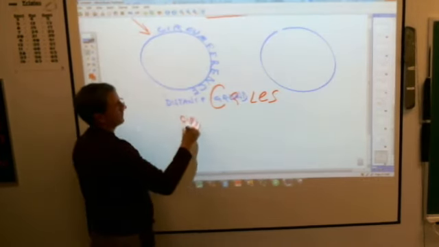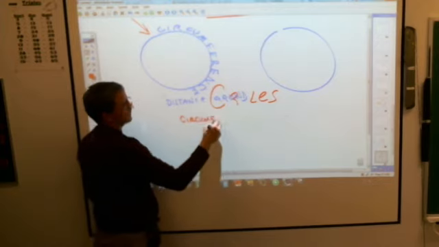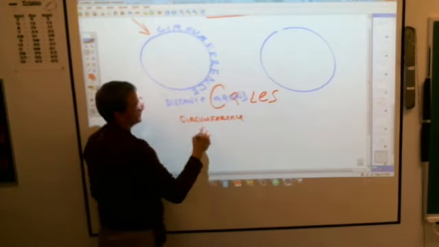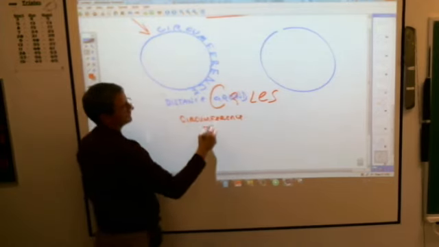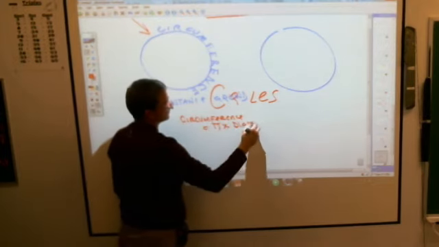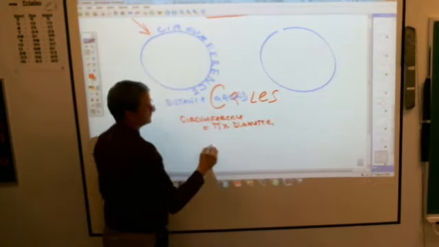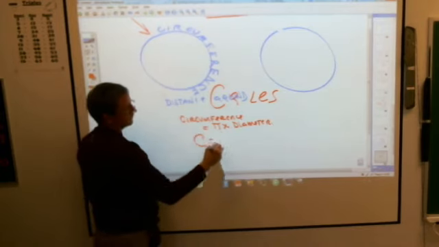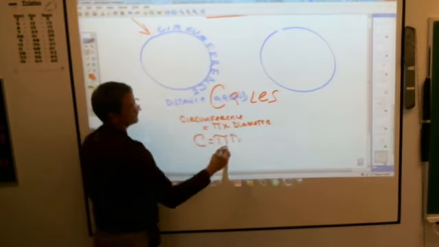Circumference equals pi times diameter, which we abbreviate as C equals pi times diameter.